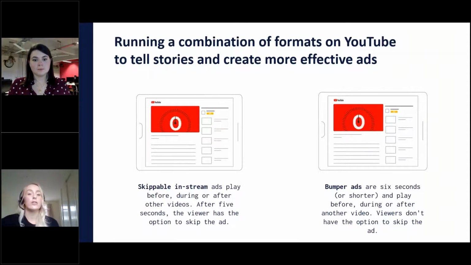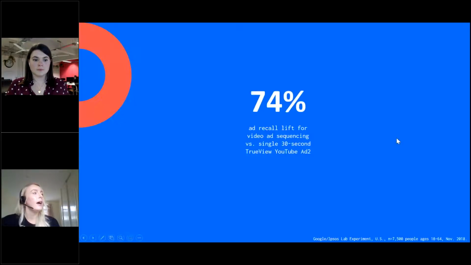These are 6 seconds or shorter, and they play before, during, or after a video that you're watching. And with these, the user doesn't have the option to skip the ad. And YouTube allows you to run a combination of these to tell a really nice brand story. In a Google study, 74% of users recalled the ad that they had seen in a video sequence compared to just a single 30-second in-stream ad.